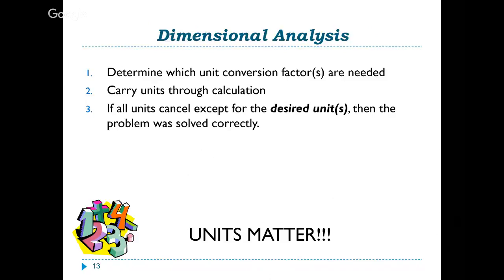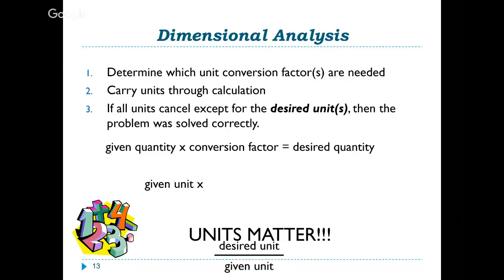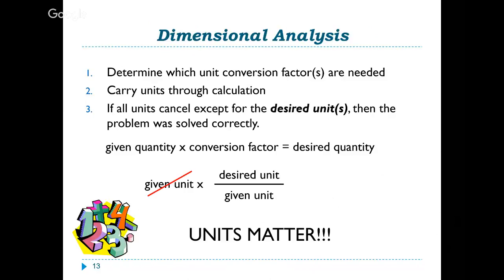That is your conversion factor. We carry our units through the calculation, and we want to make sure the units that we start with will cancel. So your given quantity, you're going to multiply by a conversion factor to get to what your desired quantity is. The way that this works out, I like to set up what I call picket fences. There are other ways to do this, whatever works for you, as long as you can get to the right answer and show your work, I'm totally cool with it.